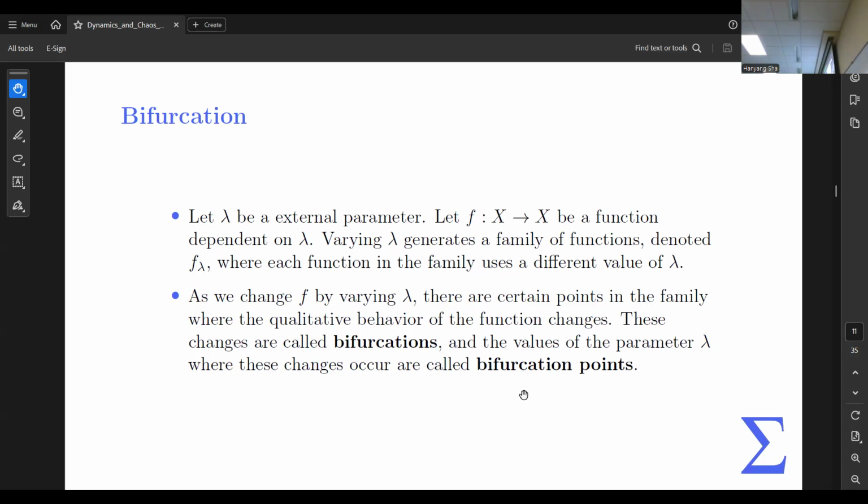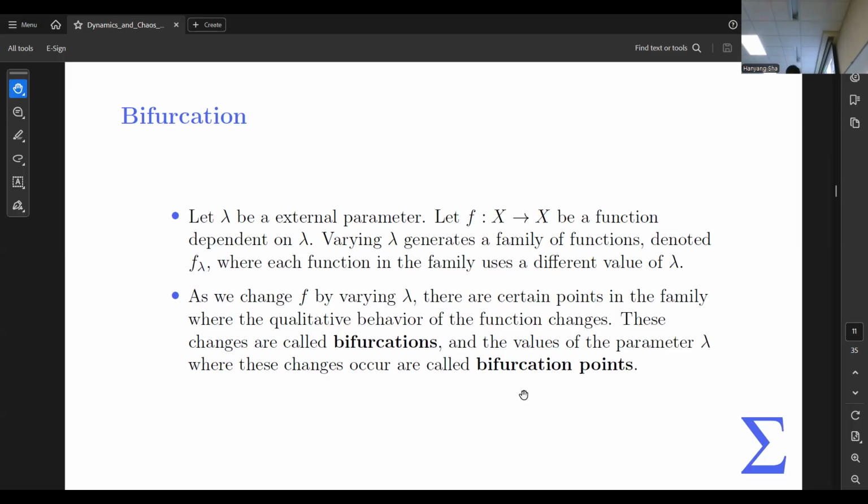So it's a family of functions, and varying lambda gives a family of functions. As we change f by varying lambda, there are certain points in the family where the qualitative behavior of the function changes. The points of lambda where this change occurs are called bifurcations.